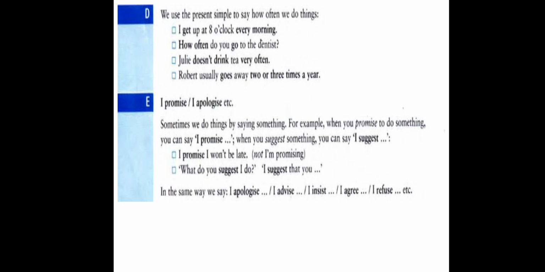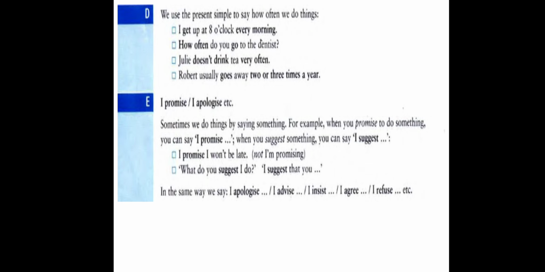Julie doesn't drink tea very often. We speak about repeated action. We have very often here. Often indicates frequency, so we use the verb in the present simple, and since it is negative and Julie is singular, we use does, so it becomes Julie doesn't drink tea very often.